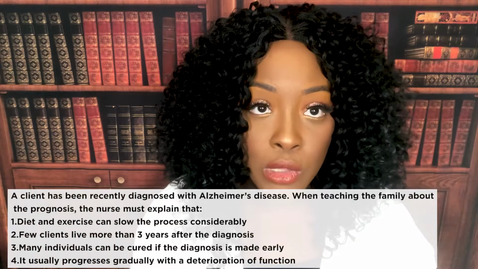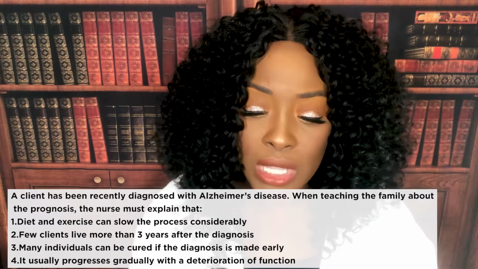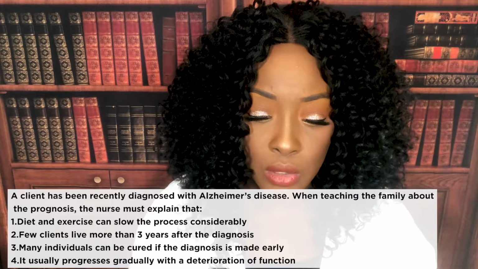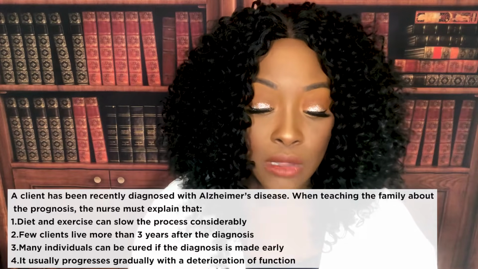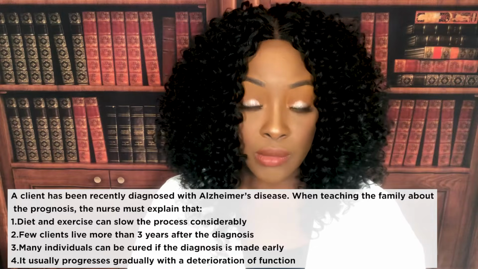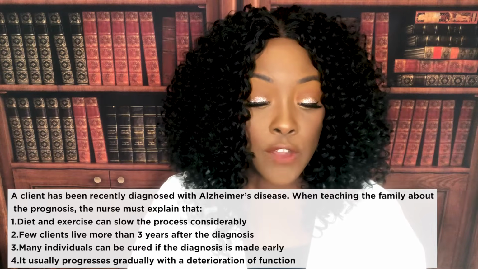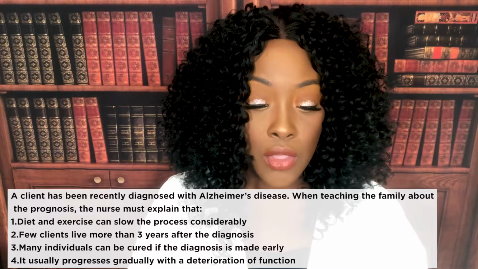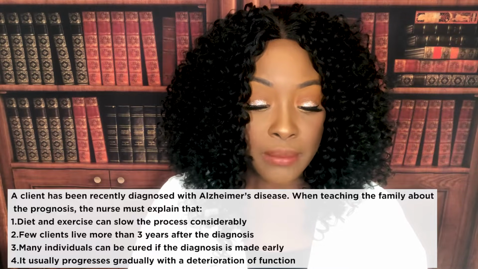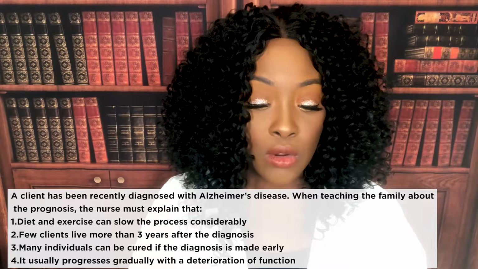Okay? A client's been recently diagnosed with Alzheimer's disease. When teaching the family about the prognosis, the nurse must explain that 1, diet and exercise can slow the progression considerably. 2, few clients live more than 3 years after diagnosis. 3, many individuals can be cured if the diagnosis is made early.